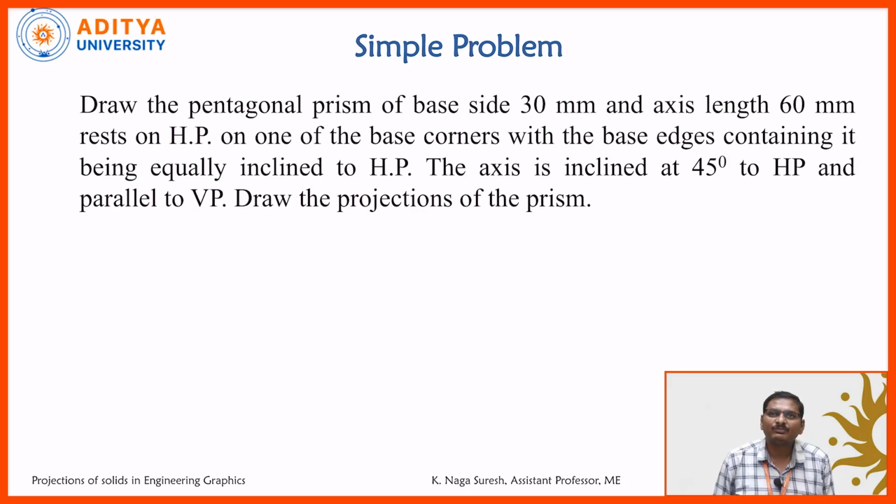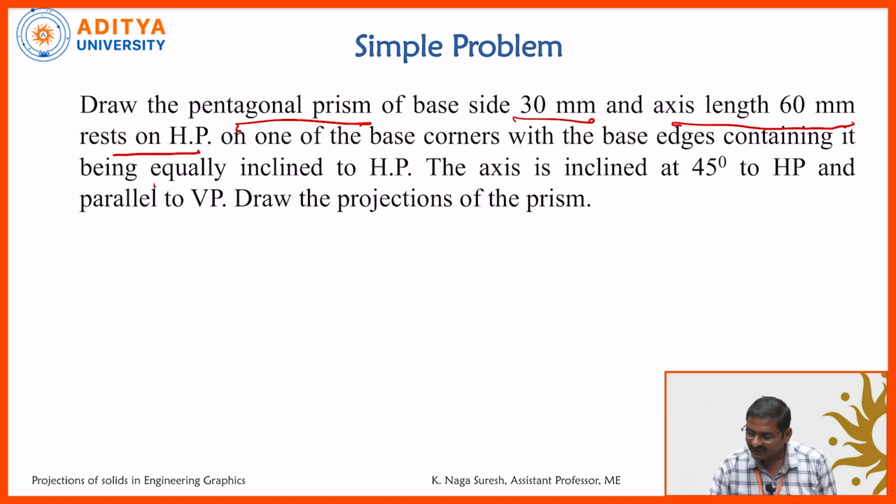This is a simple problem related to the projection of solids with a pentagonal prism. Draw the pentagonal prism of base side 30 mm and axis length 60 mm, resting on the HP on one of the base corners, with the base edges containing it equally inclined to HP.